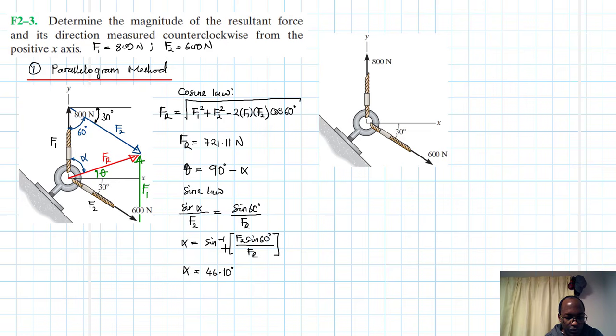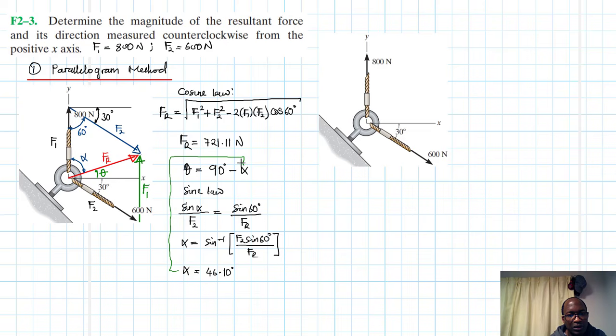F2 is 600 sine 60 divided by FR, which is 721.11. Sine inverse of that is 46.10. Okay, so let's feed this into this equation.